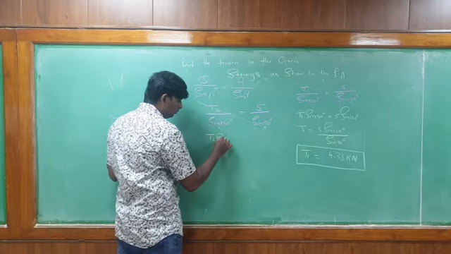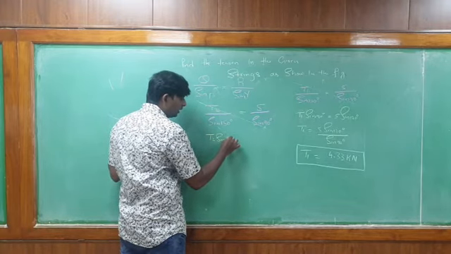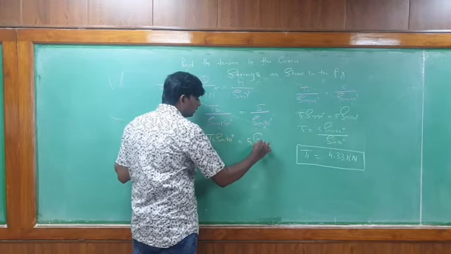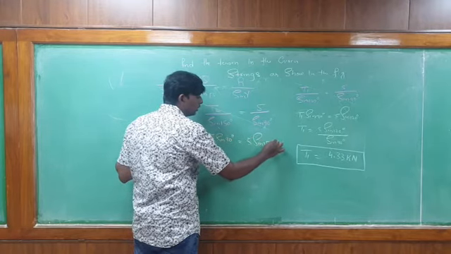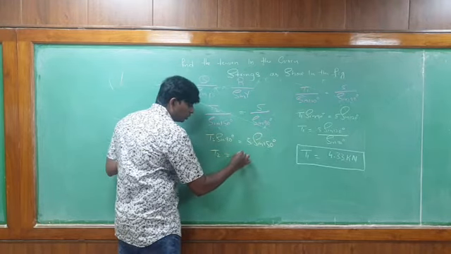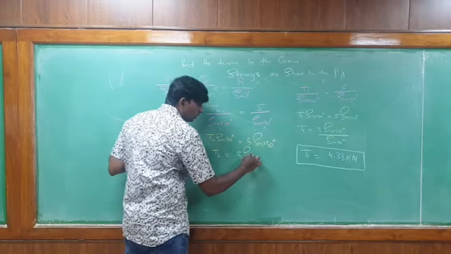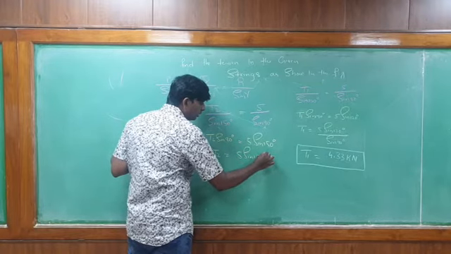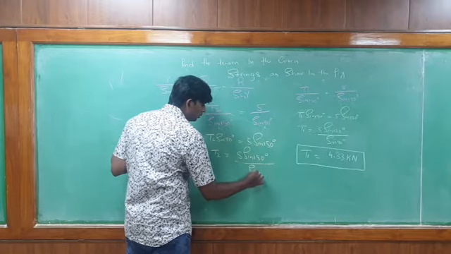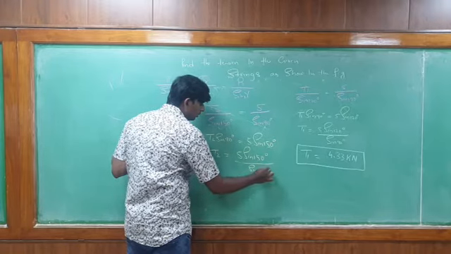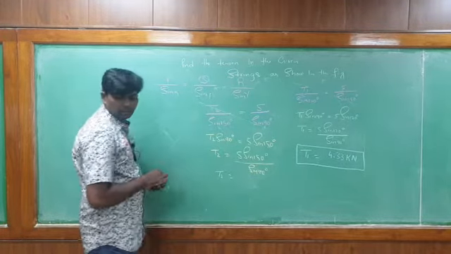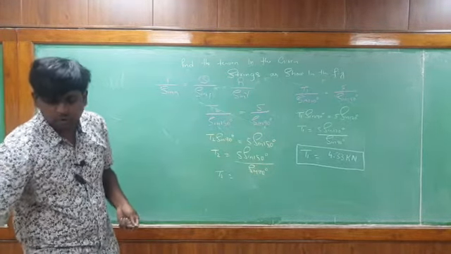T2 sin 90 is equal to 5 sin 150. After that, T2 is equal to 5 sin 150 by sin 90. With the help of the calculator, again try to solve this one.